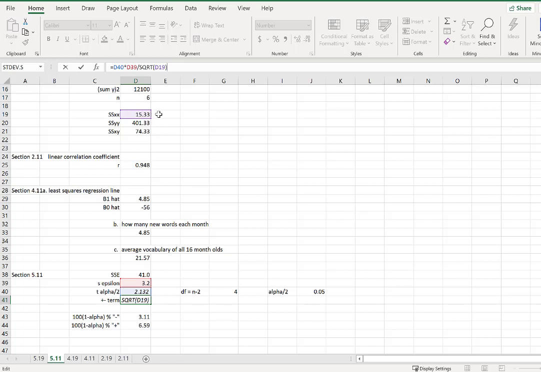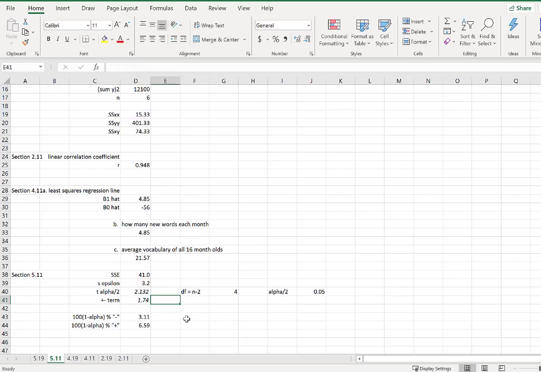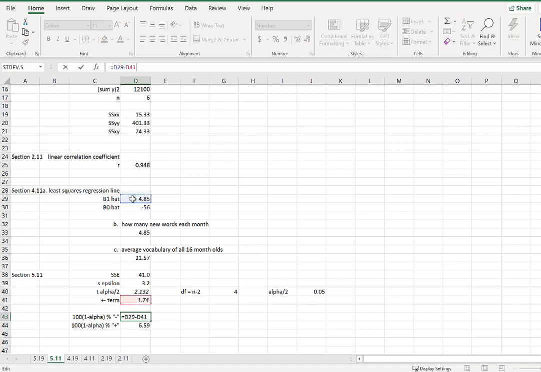So my confidence interval is going to be B1 hat plus or minus 1.74. I put that down here. Beta 1 hat was in D29, in blue. So I've got 4.85 minus my red term, the plus or minus part, which gives me the value there. At the same time, I've got my beta 1 hat back up from D29, and I'm going to add to it the plus term, the D41.